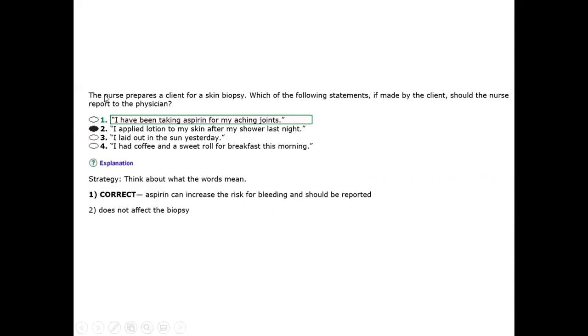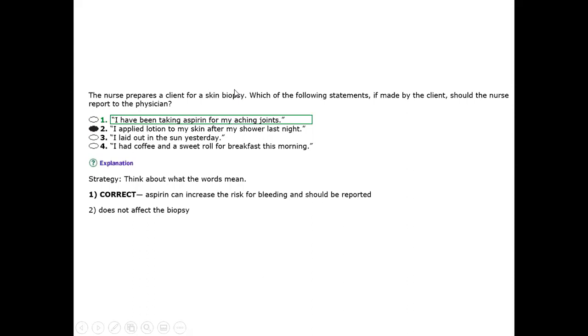Next question. The nurse prepares a client for a skin biopsy. Which of the following statements made by the client should the nurse report to the physician? Number 1, I have been taking aspirin for my aching pain. So aspirin increases the bleeding time.